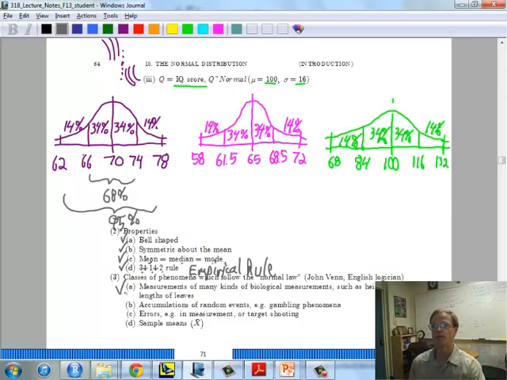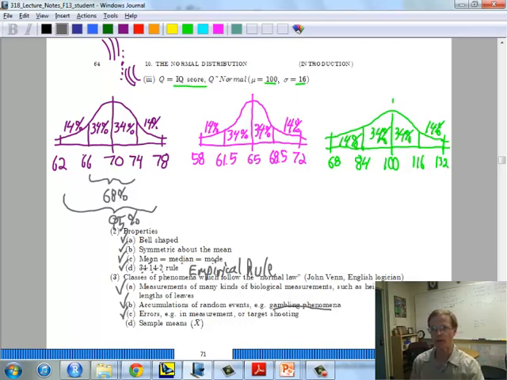Besides measurements, it turns out that accumulations of random events tend to a normal distribution. For example, gambling phenomena. That's actually how the distribution was first developed and discovered, through a pursuit of how to express these gambling phenomena that the binomial distribution became too unwieldy for.